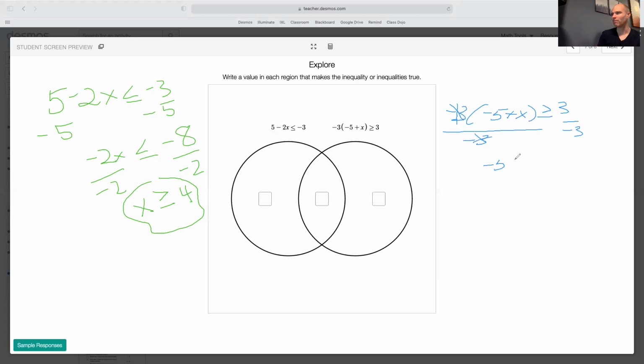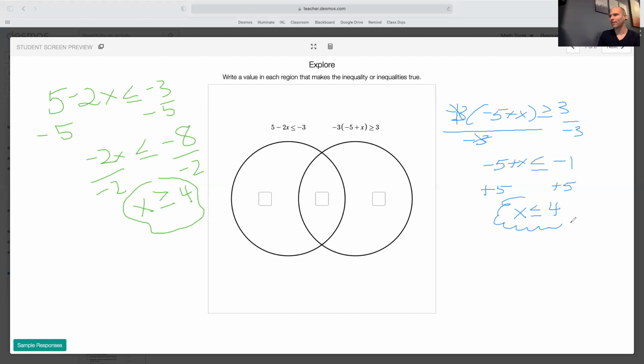And so I have -5 plus x is now less than or equal to, because I divided both sides by a negative, less than or equal to -1. 3 divided by -3 is -1. Now I'm going to add 5 to both sides, right, to cancel out this -5 that I have right here in the front. And I get x is less than or equal to 4.